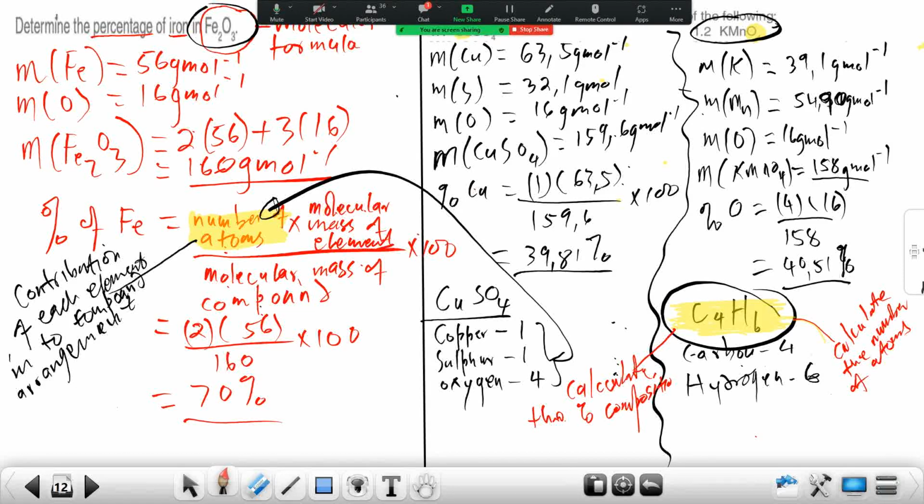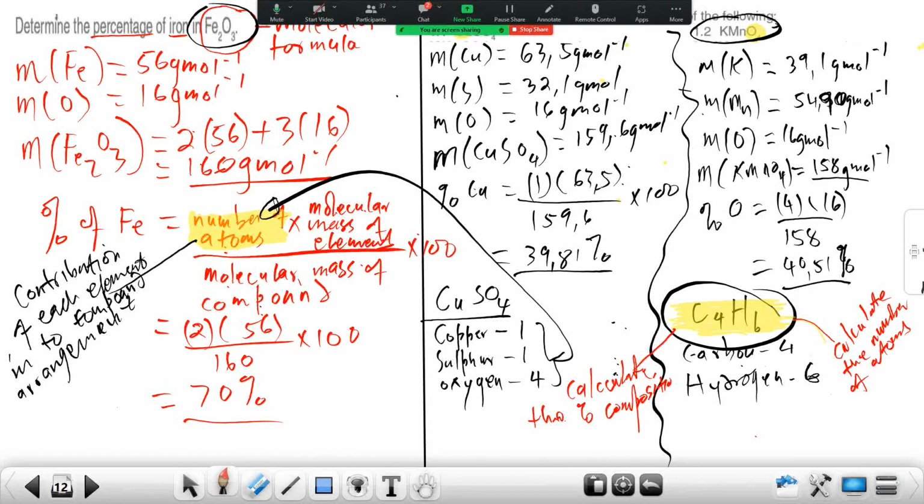But if the question says calculate the number of atoms, I am basically working with everything, which is C4H6. So if that is the question, definitely I must use the Avogadro number. But if the question says calculate the percentage composition, I'm only interested in the arrangement of atoms. That means how many atoms? 4 carbon atoms that I have in this C4H6.